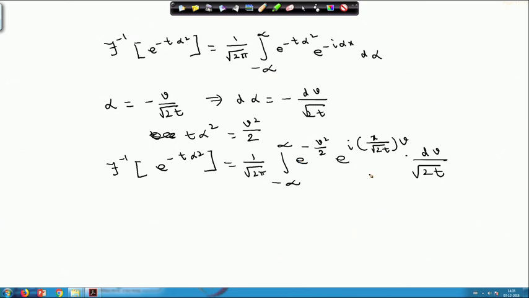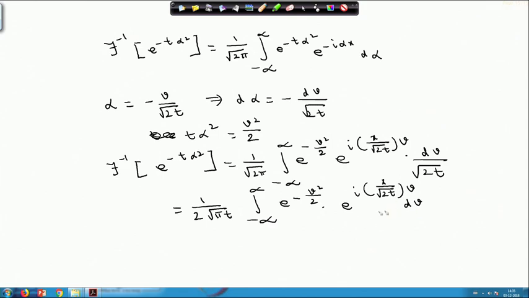With simple calculations, if you simplify, you will obtain 1 by root pi t, integral from minus infinity to infinity of e power minus v square by 2 into e power I into x by root t into v into dv.